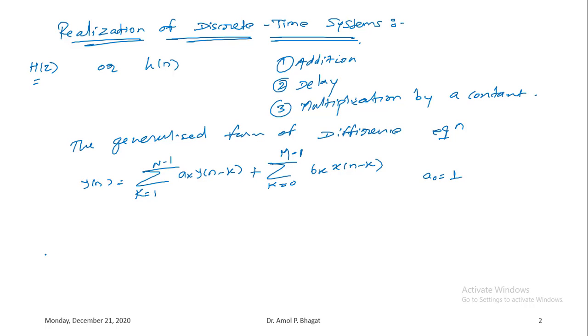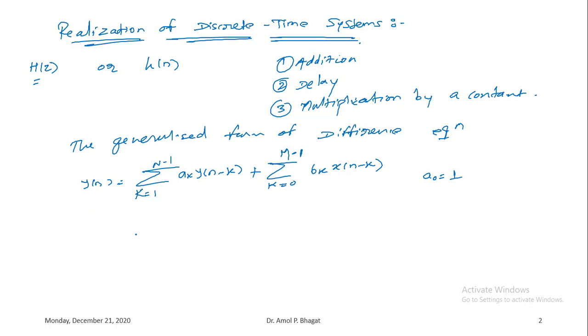So here y of n is nothing but the output of the system, which is dependent on the past outputs as well as present, past and future input samples. These past outputs and input samples are scaled by these delay dependent coefficients ak and bk, right?